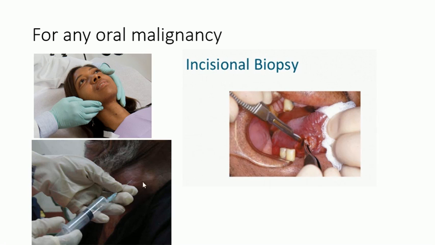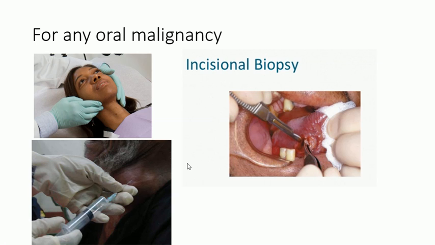After TNM staging, if any associated lymph nodes are involved in case of a tongue growth, then you would like to do an FNAC, fine needle aspiration cytology, for which you collect the sample and put it on a glass slide, fix it, and then send it to a pathologist for further evaluation to see whether it's really a malignancy or an infective cause or whatever.